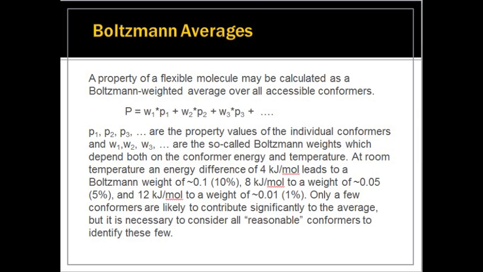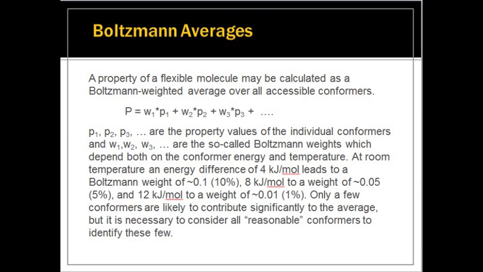By the time you get to 8 kilojoules, 2 kilocalories, you're down to about 5%. By the time you get to 3 kilocalories, 12 kilojoules, you're down to about 1%. The point to be made is that the important average is really only those conformers with energies that are below a few kilojoules, 10.